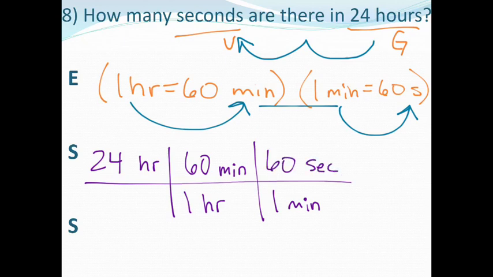So here we just need to take our 24 times 60 times 60, and our raw unrounded answer is 86400. That's 3 sig figs though, and our given is only 2. So we are going to round that down to 2 sig figs.